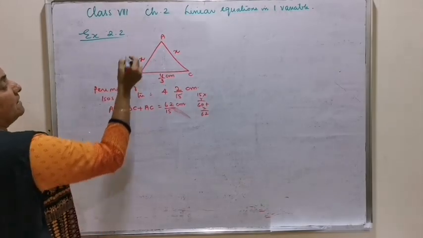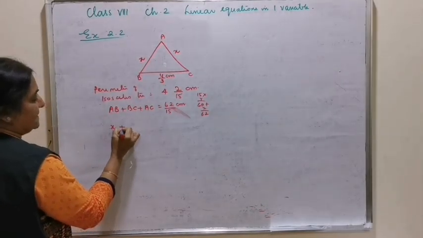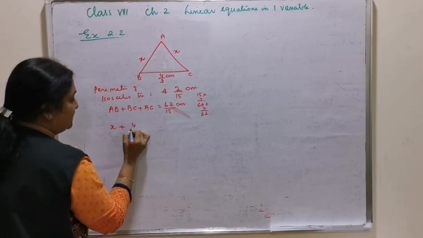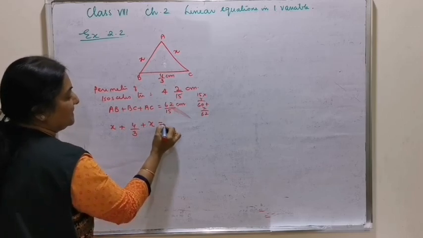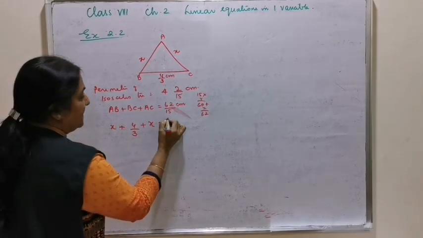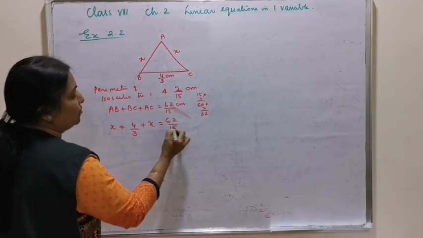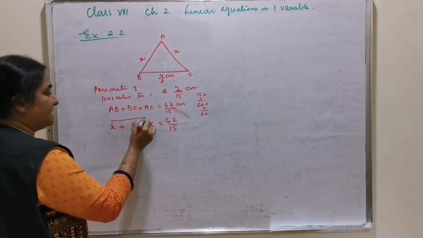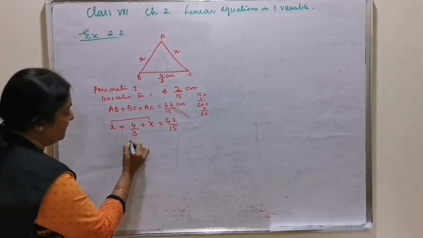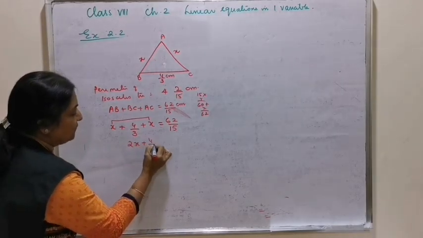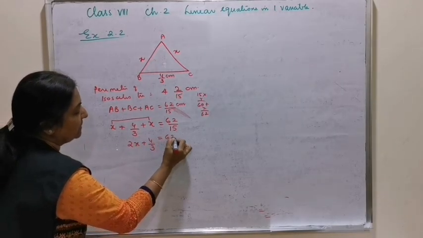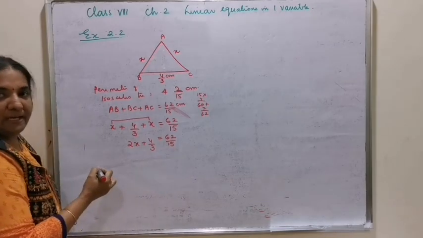And now AB represents x, BC represents 4 by 3, AC represents again x, and the total is 62 by 15. x plus x is giving you 2x plus 4 by 3 is equal to 62 by 15.